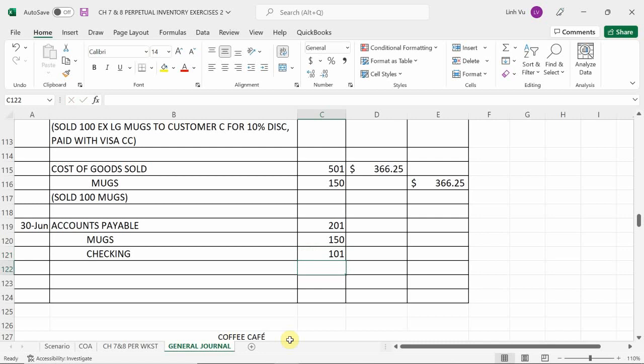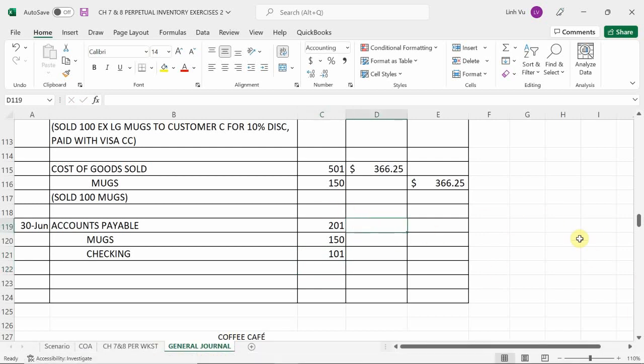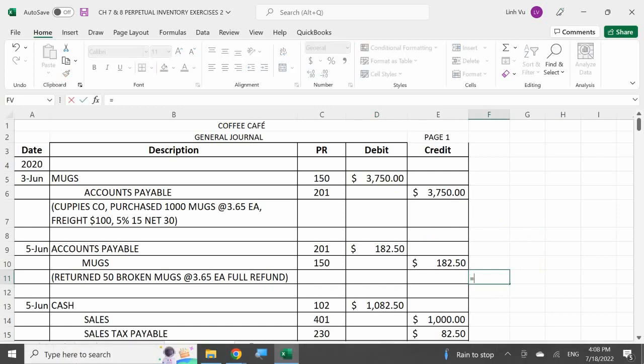Okay? So let's go ahead and figure out what my grand total amount of accounts payable is. So starting from the very first one, so here we are, right? This was our very first transaction. We originally were charged a total of $3,750.